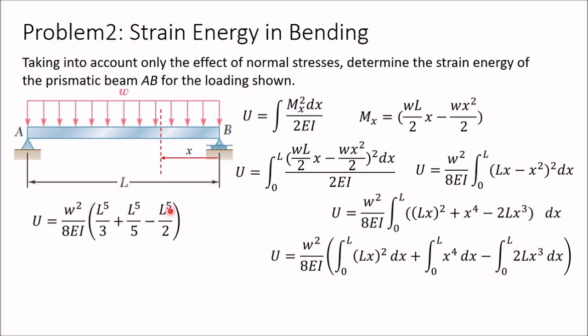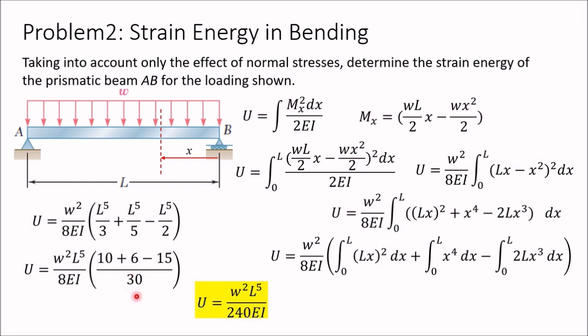Now L⁵ you can take out and simplify this. What you will get is 10 plus 6, 16, minus 15, which is 1 by 30. When you solve this, you will get strain energy as W²L⁵ divided by 240EI. So for a simply supported beam subjected to uniformly distributed load, the strain energy is W²L⁵ divided by 240EI.